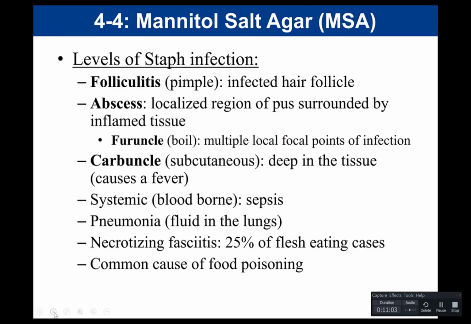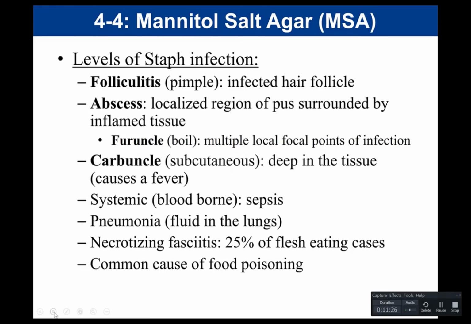For my class, you don't have to memorize the differences between folliculitis, abscess, furuncle, carbuncle, etc. But you do want to know the types of diseases that are associated with staph. So skin type infections, right? So an infected hair follicle, for example.